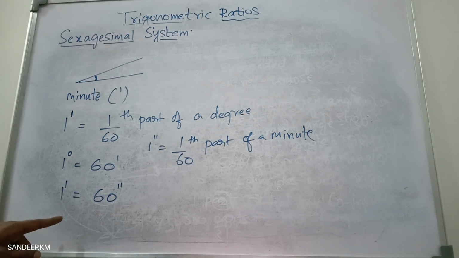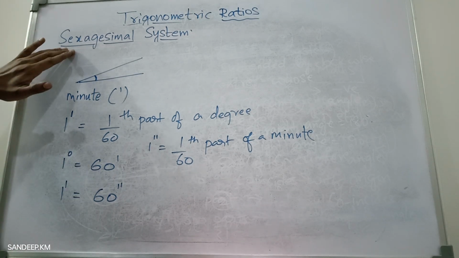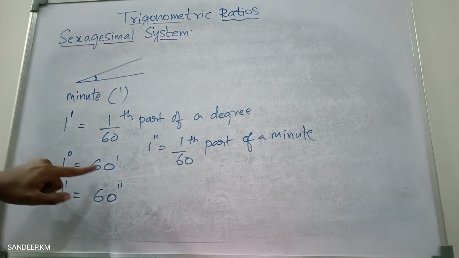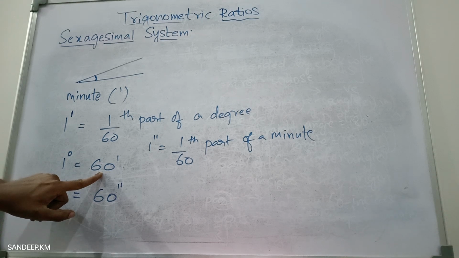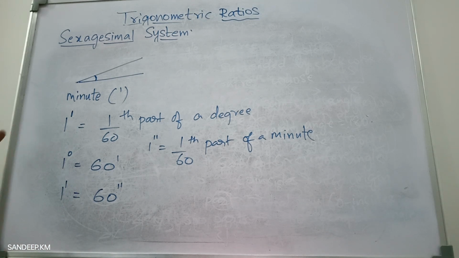Each minute is divided into 60 equal parts and each part is a second. In this system, 1 degree is equal to 60 minutes and 1 minute is equal to 60 seconds. So keep this in mind.